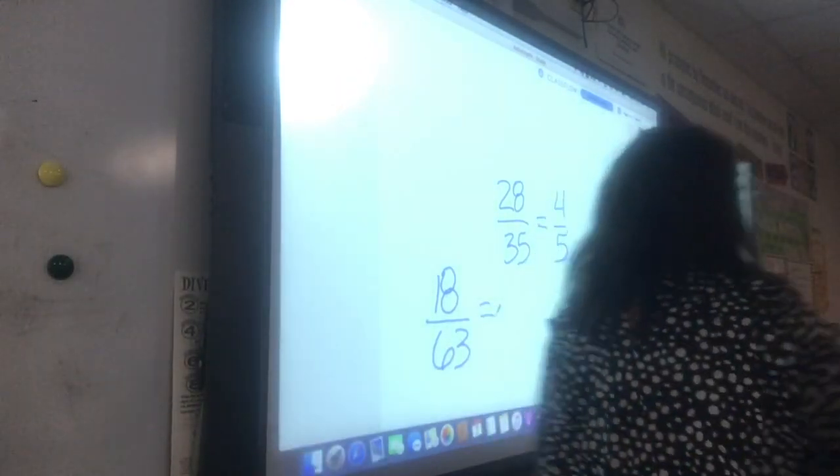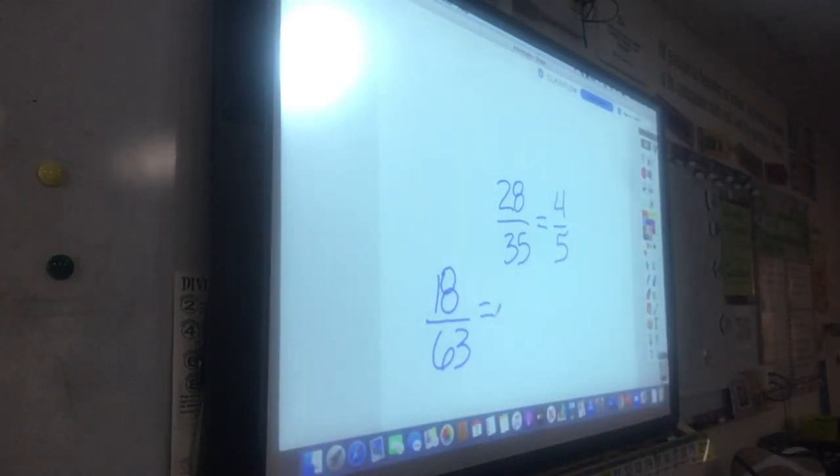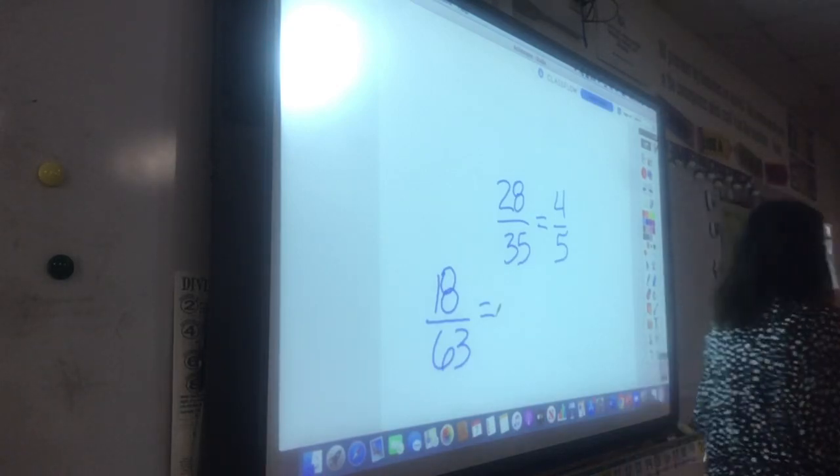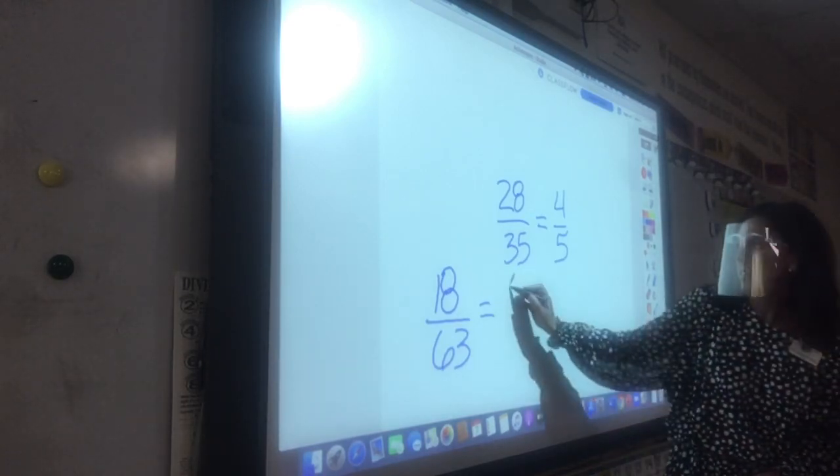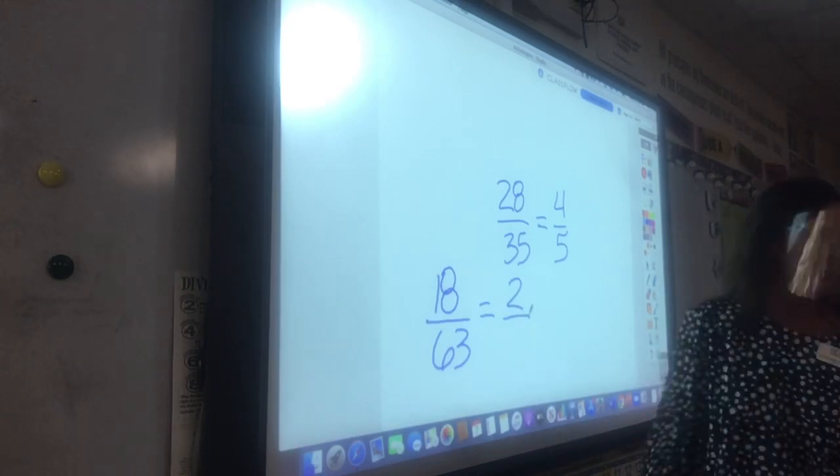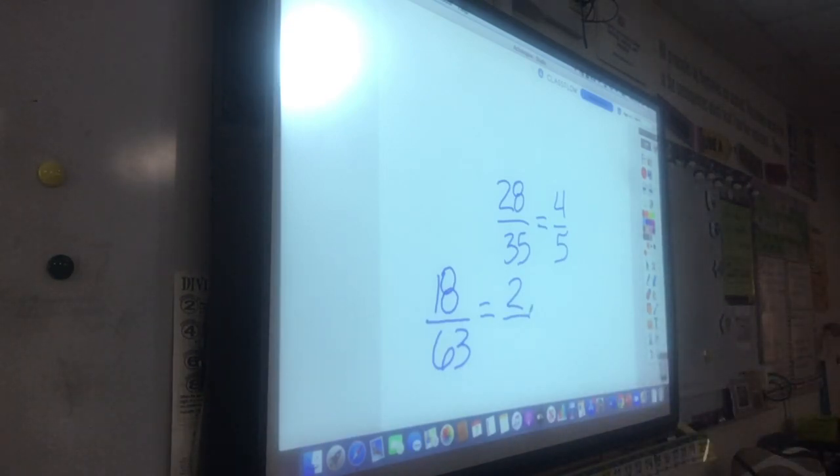If we divide 18 by 9, what do we get? 2. And if we divide 63 by 9, we get 7. 2/7. Okay, 2/7 would be 18/63 in simplest form, or lowest terms.